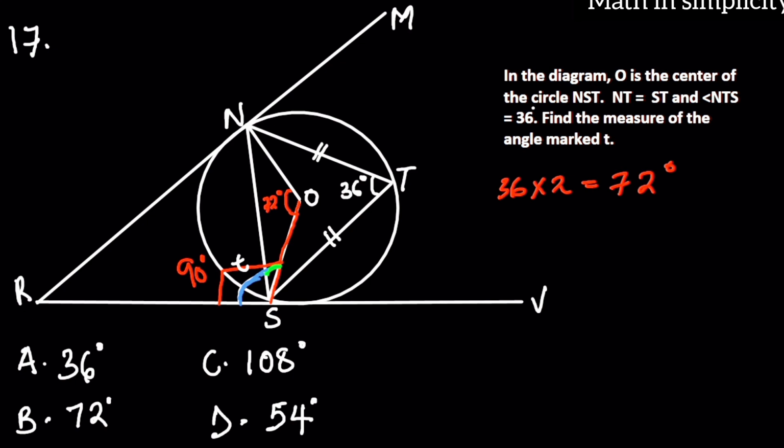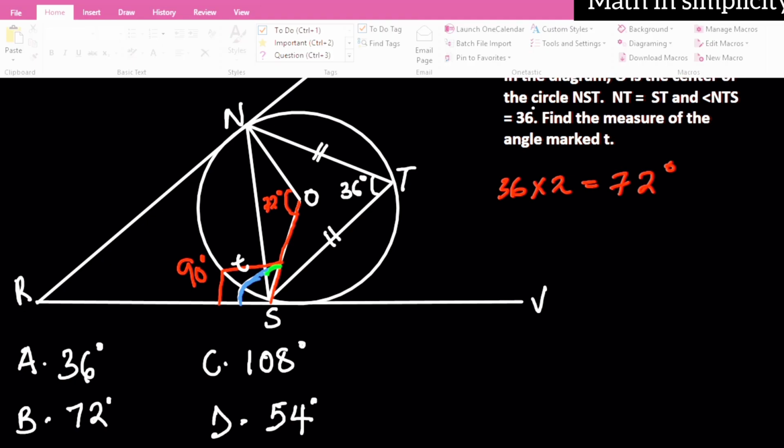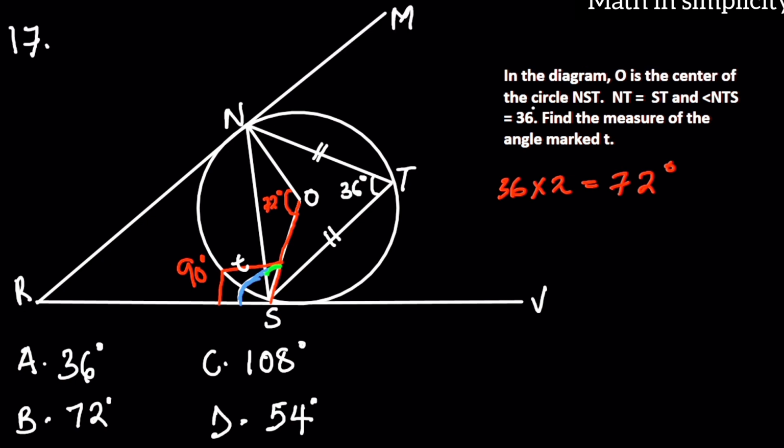So let's do that. However, how can we do this? The triangle NOS is an isosceles triangle, so the two base angles are always equal. So in this triangle, the two base angles are equal. Let's call this angle A. Here should also be A because they are equal.